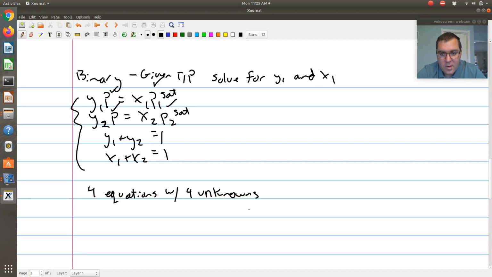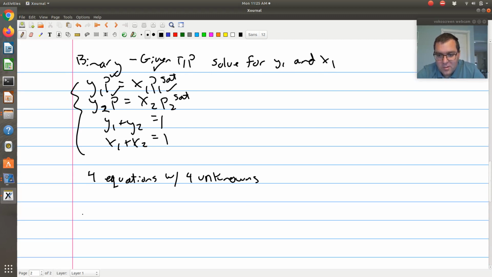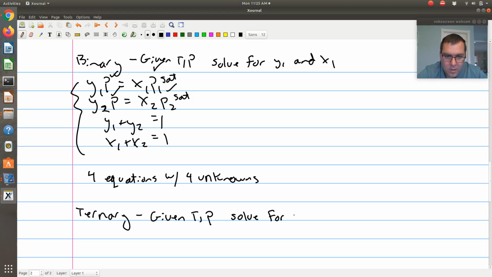But now let's think about the same thing for a ternary system, a three-component system. Given T and P, again we want to solve for yi and xi, the vapor phase composition and liquid phase composition of our phases.